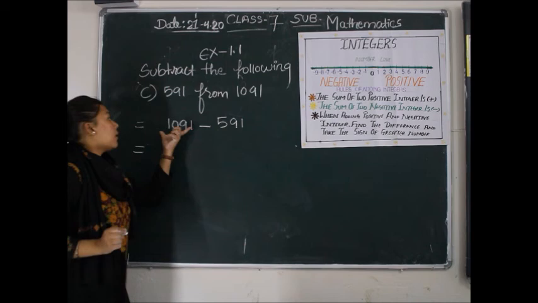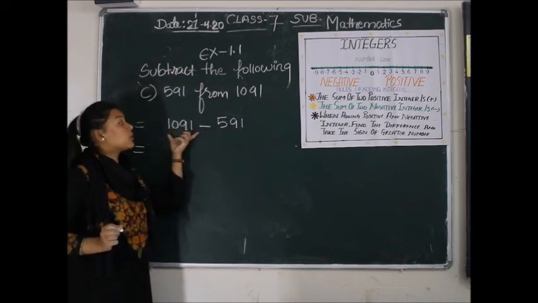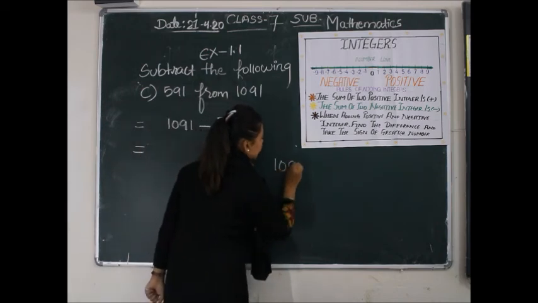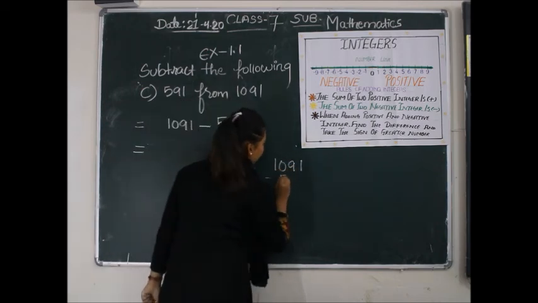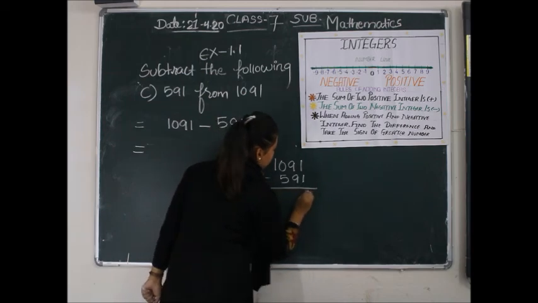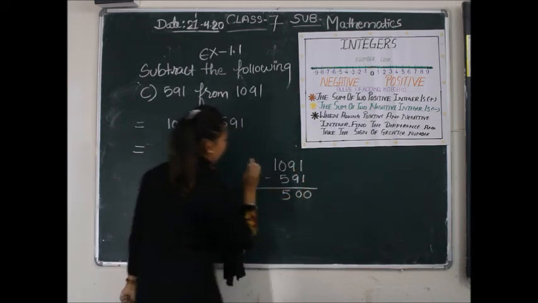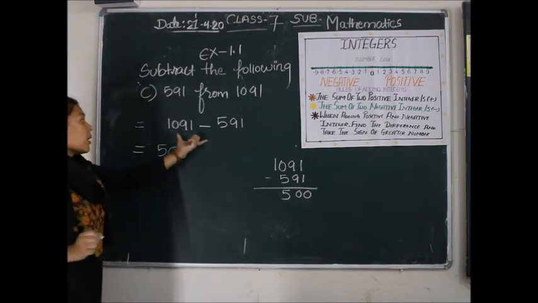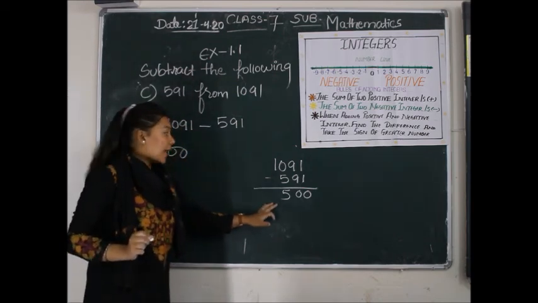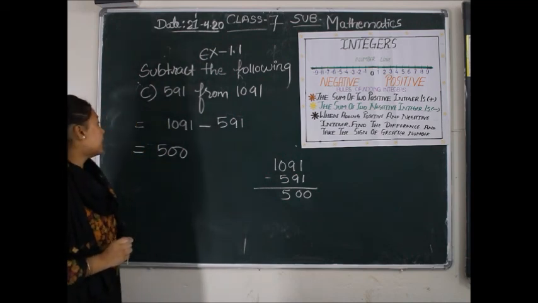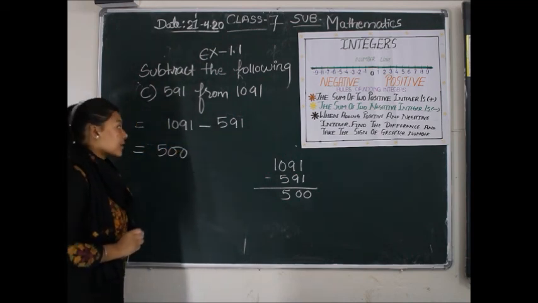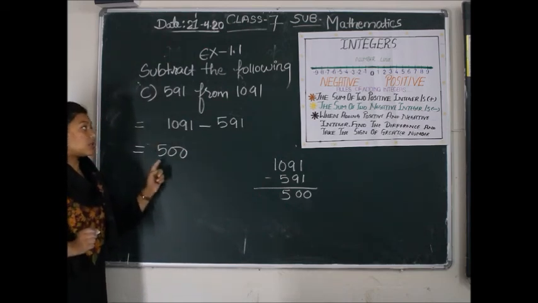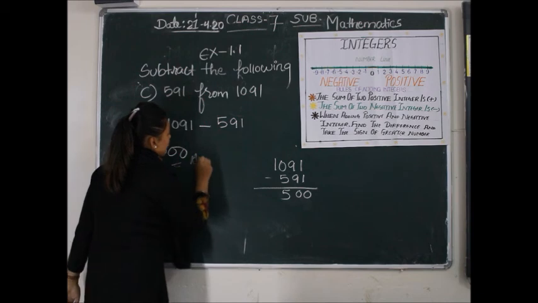So plus minus, when the signs are different, we need to subtract. In your rough column, 1091 minus 591 gives 500. Now which is the greater number? Plus, minus, minus, and the sign will be of the greater number. 1091 is greater, so we will take the sign of this. No need to write it; we can understand that this is a positive number. So this is our answer.